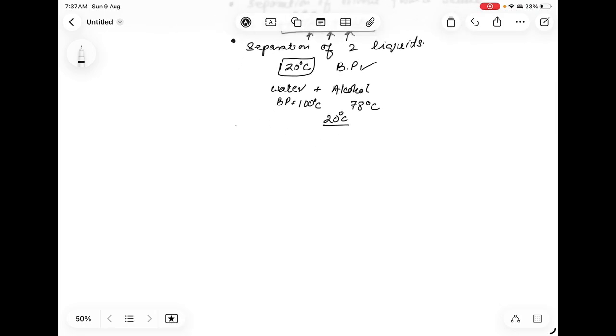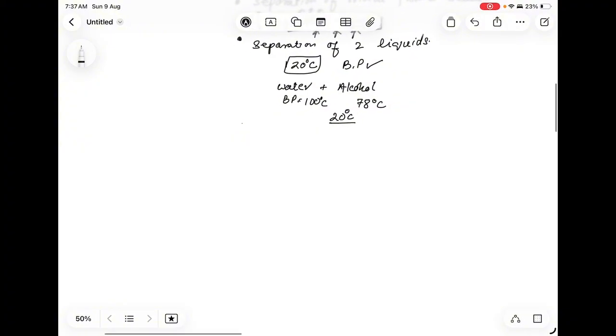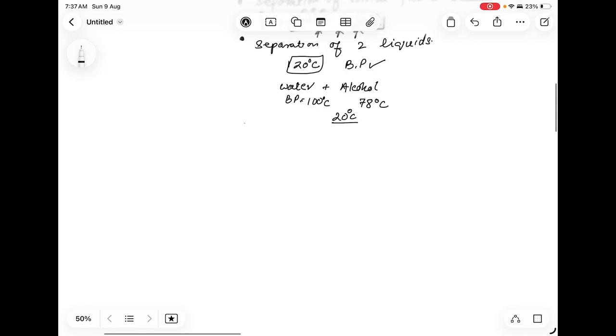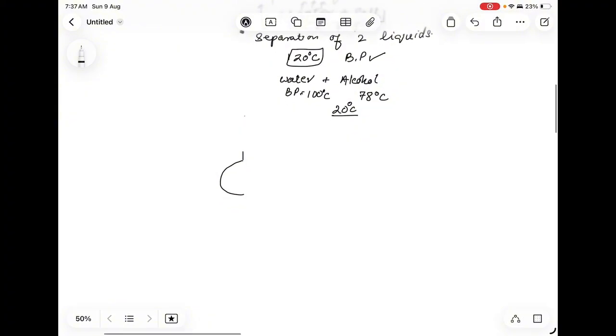We are going to be making a diagram to clear this whole thing up. So this is how we do it. First of all, we have a round bottom flask. A round bottom flask should look like this. Alright, and this round bottom flask is, by the way, covered by something known as a bung.